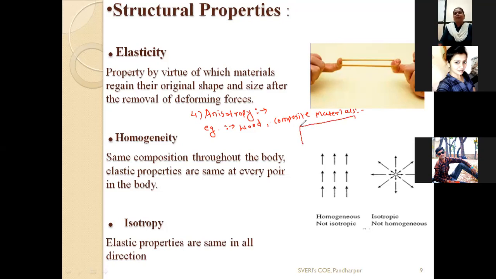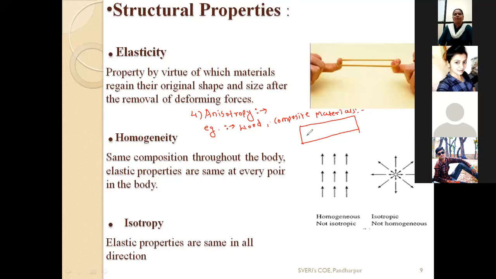Suppose I have taken this is one beam. So this beam is casting by using two materials. Which two materials are used for casting this beam? Anyone please? I am expecting answer from diploma students.